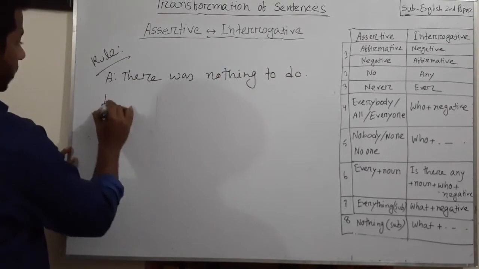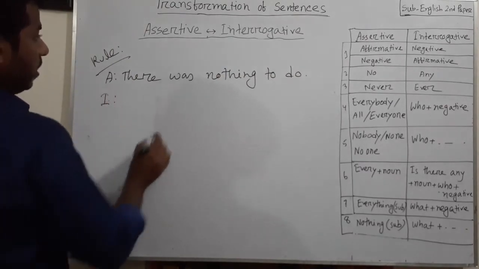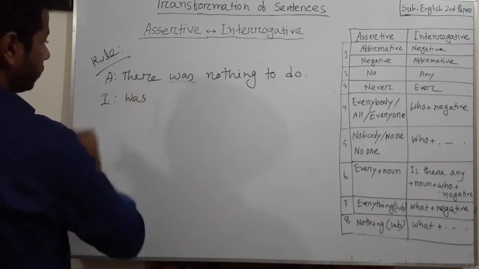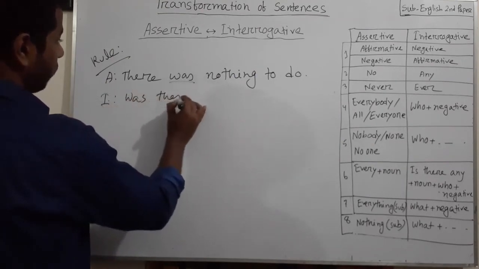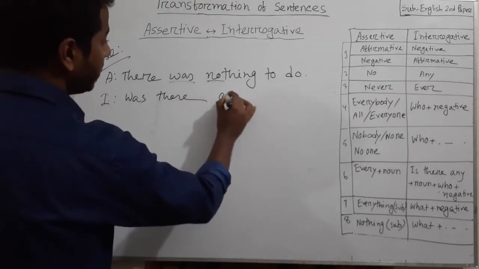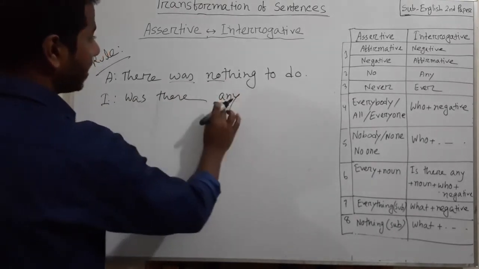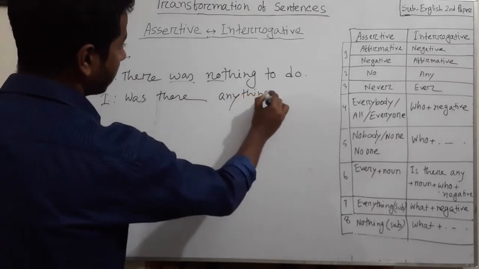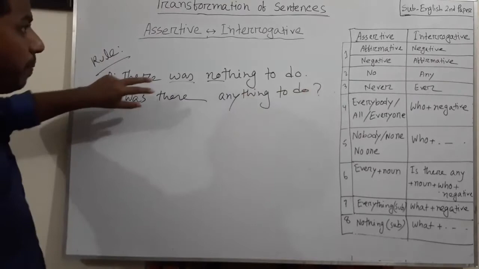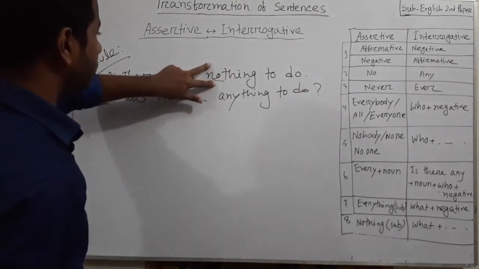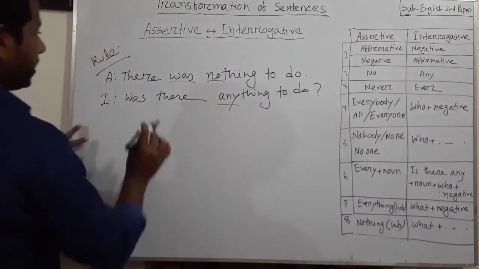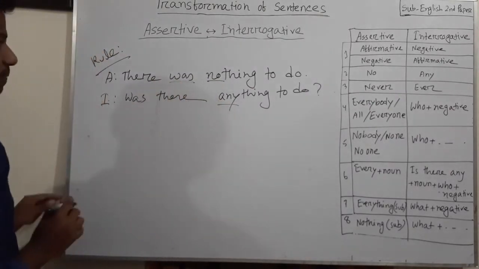Okay, if you want to make it an interrogative sentence, the auxiliary verb will be before the subject. Was, then the subject, was there, instead of no there will be any. Okay, was there any thing to do. So in the assertive sentence no, in the interrogative sentence there will be any instead of no, and the auxiliary verb will be before the subject.